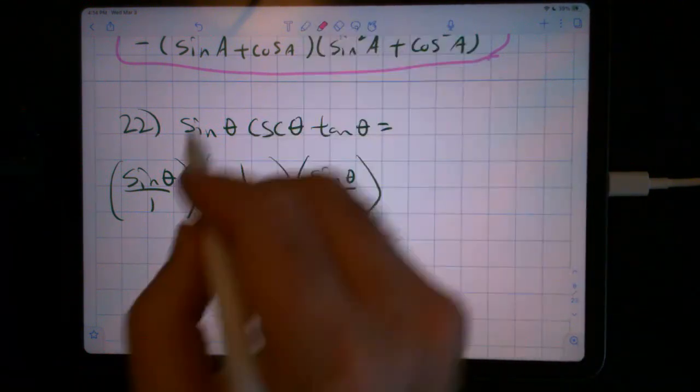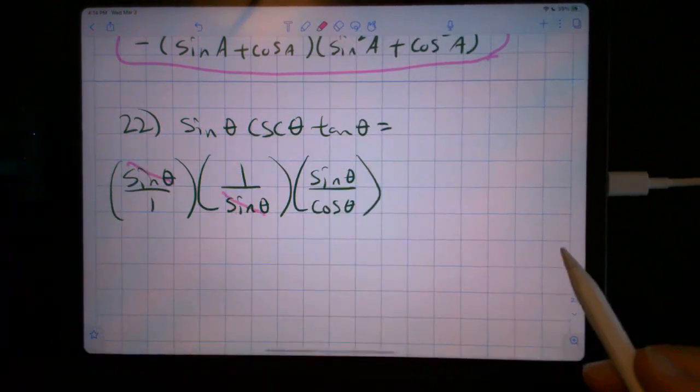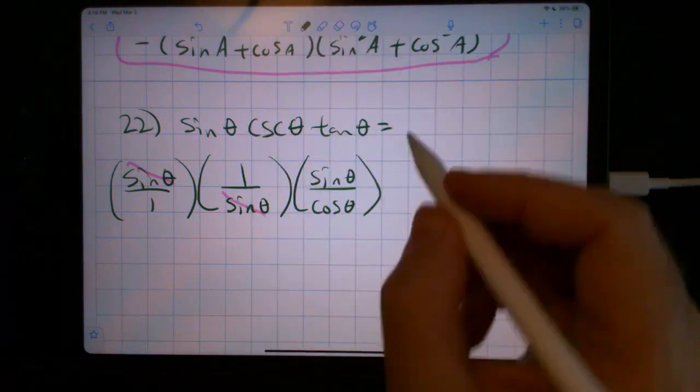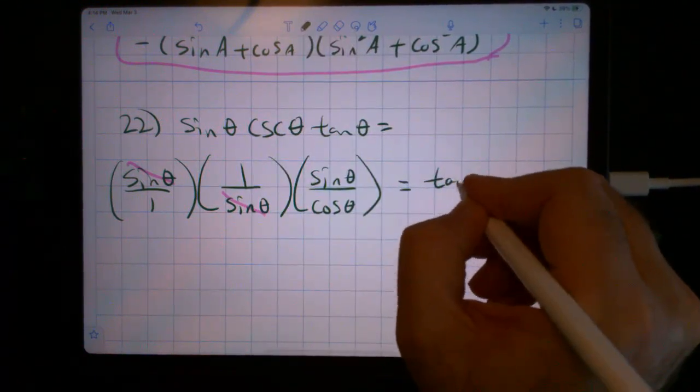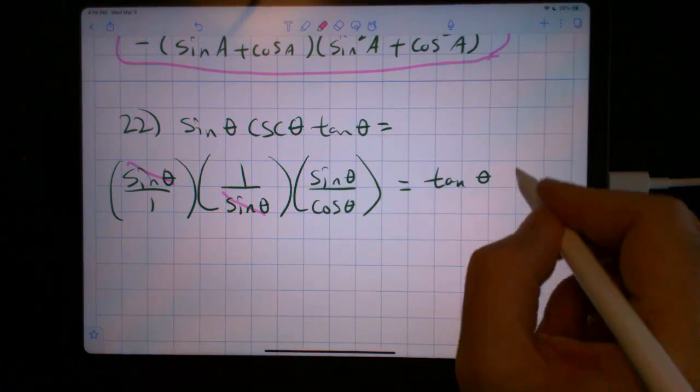Okay, so that now these simplify out. Tangent's coming along for the ride, so this ends up being tangent of theta.